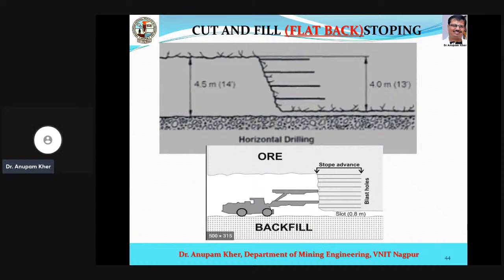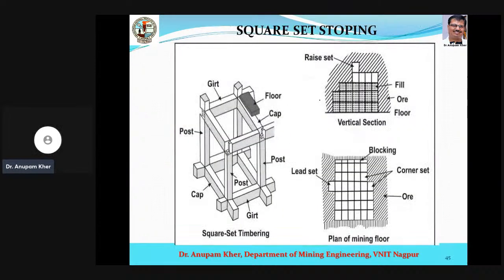So this is typically one arrangement where we are always moving in a frontal direction. This is a variation which we call the flat back method. We call this cut and fill flat back method.